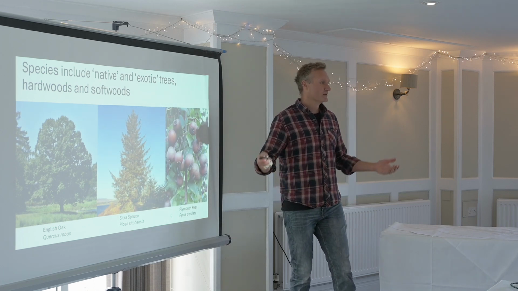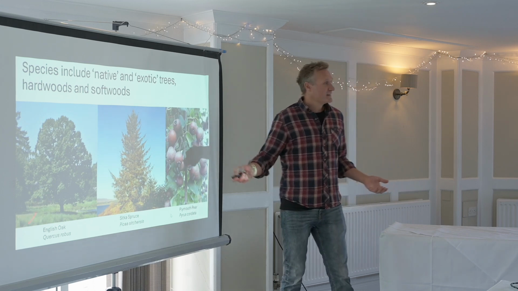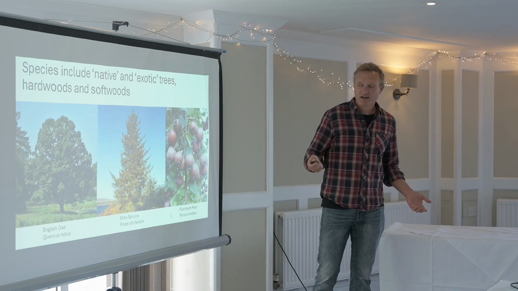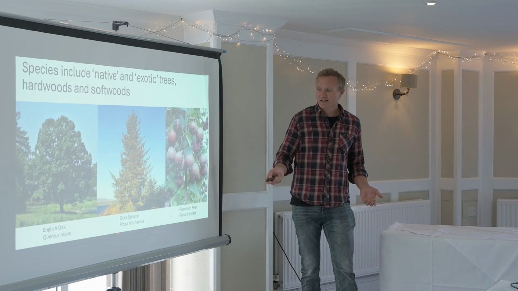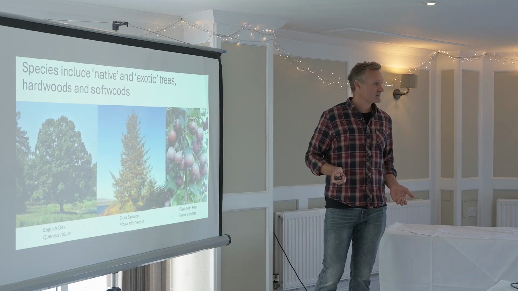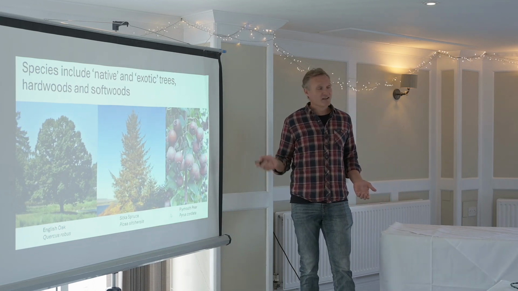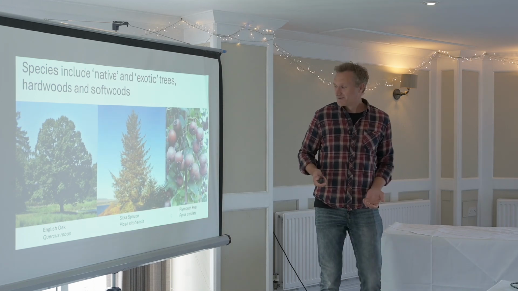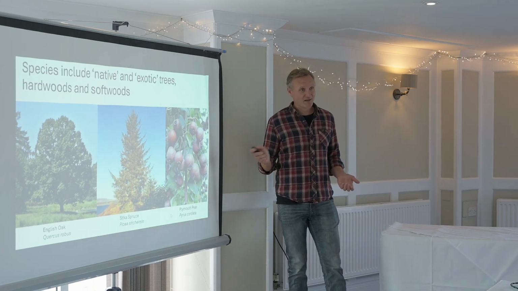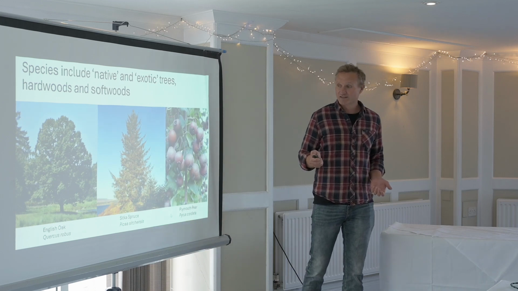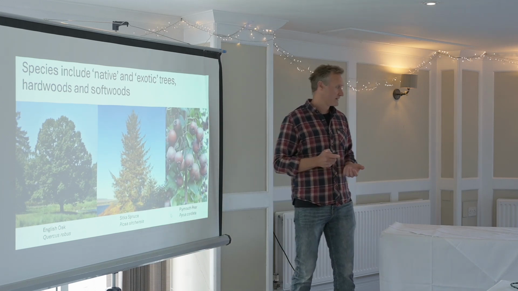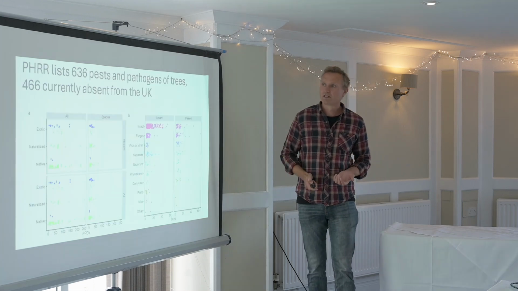So, some examples: the mighty English oak, our favourite tree. We all like this one. The splendid Sitka spruce, which foresters love. The rare and smelly Plymouth pear. Ever come across one? Probably not, but it's one of our rarest native tree species. So lots of different diversity that these pests and pathogens could affect.